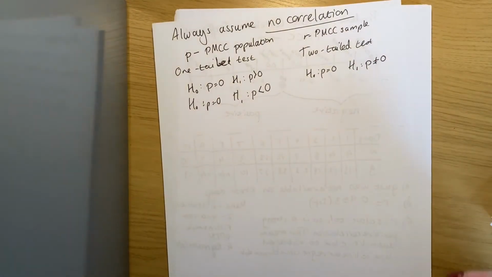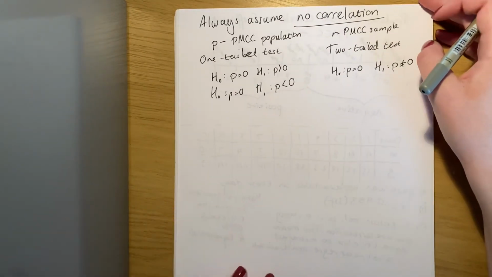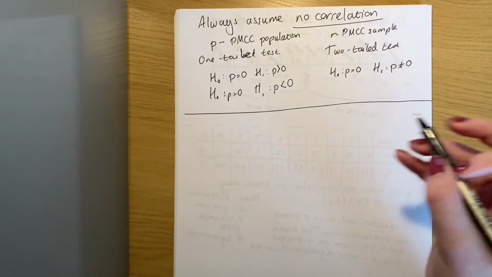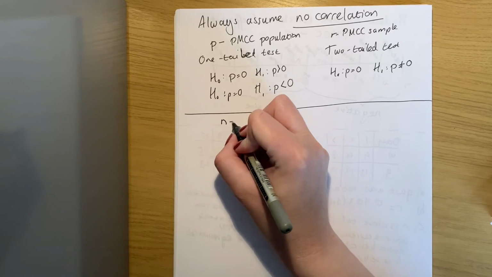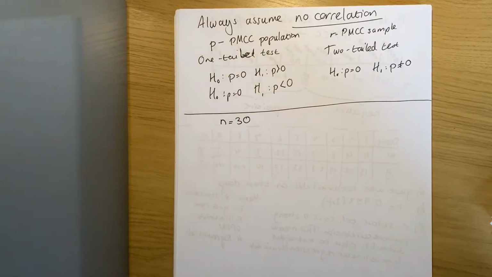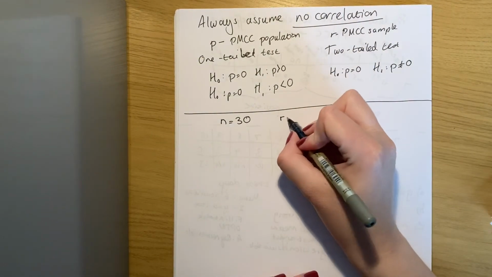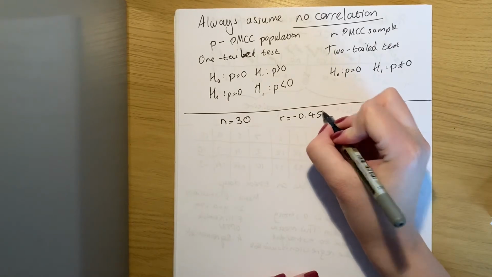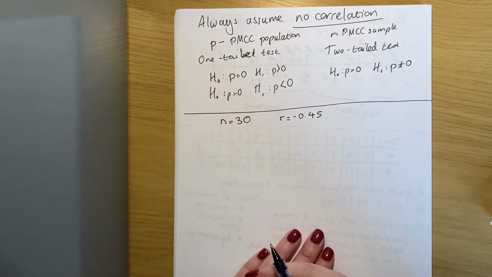So, example number 1. A scientist takes 30 observations. So I'm just going to put N is 30. The scientist takes 30 observations of the masses of 2 reactants in an experiment. She calculates the PMCC for this sample to be R equals negative 0.45.